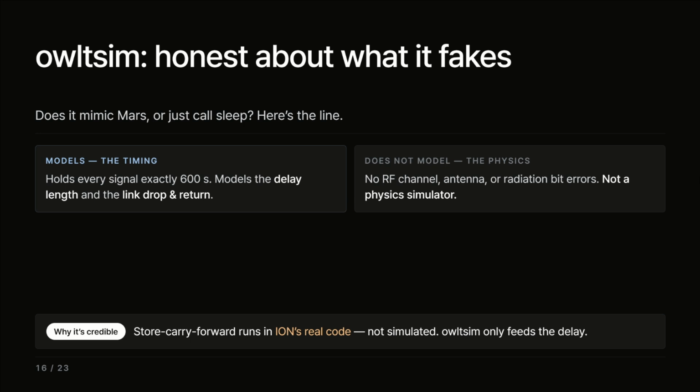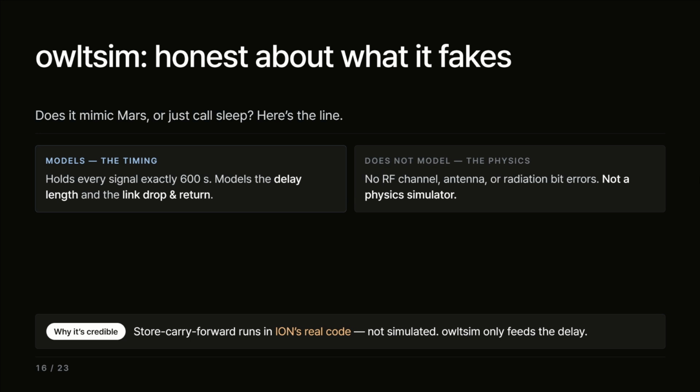However, owltsim does not simulate the underlying radio physics. It does not model antennas, RF propagation, atmospheric effects, or radiation-induced bit errors. So it doesn't simulate everything, and it's not a complete deep space communication simulator, and that's an important distinction to make.